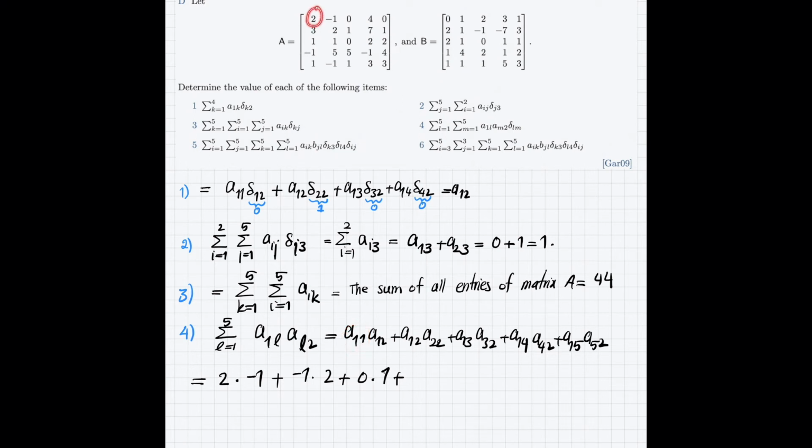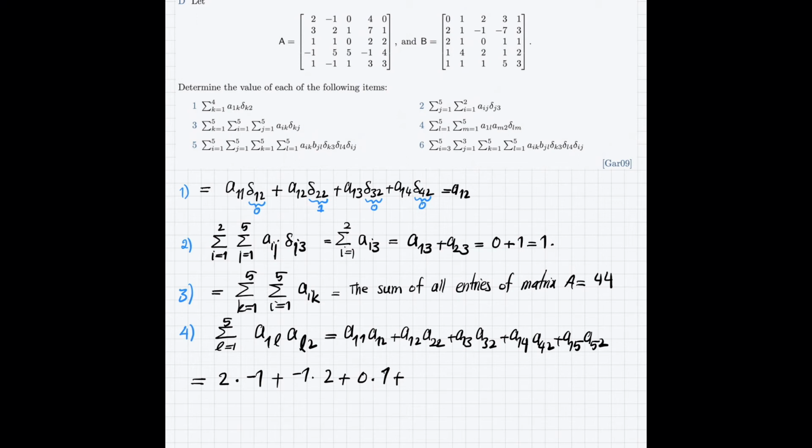A11 is 2 multiplied by A12 is -1, that's correct, and then I will have A12, yes, which is again -1 multiplied by A22, which is 2, that's also correct, but A13, the first row, this one is 0 again, and multiplied by A32, 32 is 1, that's also correct.